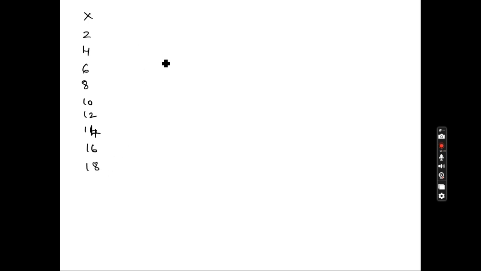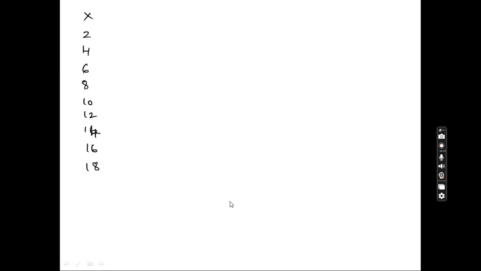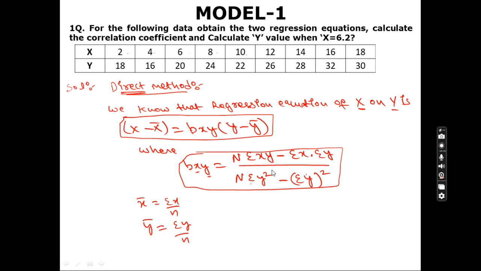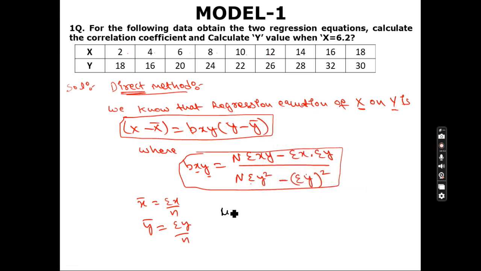Next, come to the previous slide. You may ask, sir, what is the meaning of n here? n is nothing but the total number of observations, that is, how many values are given. 1, 2, 3, 4, 5, 6, 7, 8, 9. The x values are 9, so obviously y will also be 9. So n is equal to 9.